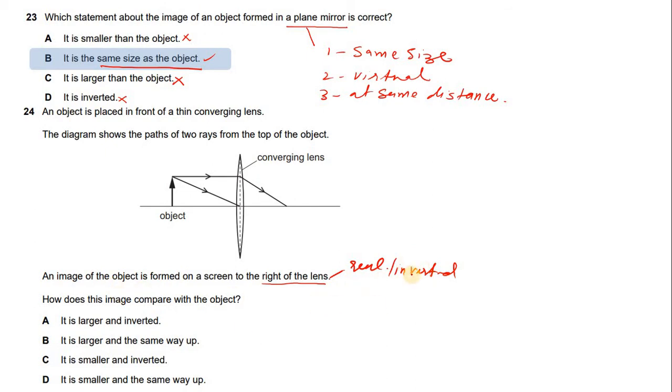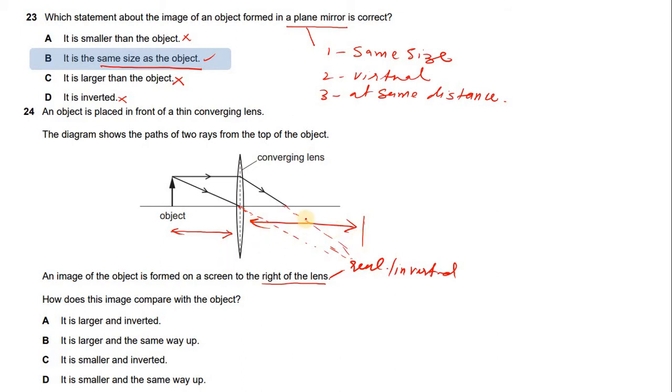And the size of the image depends on the distance of the image and the distance of the object. Now if you see, this is the distance of the object given in the diagram, and if you keep extending the rays, clearly you see that the rays are going to intersect somewhere which is a comparatively larger distance from the lens as compared to the object distance.